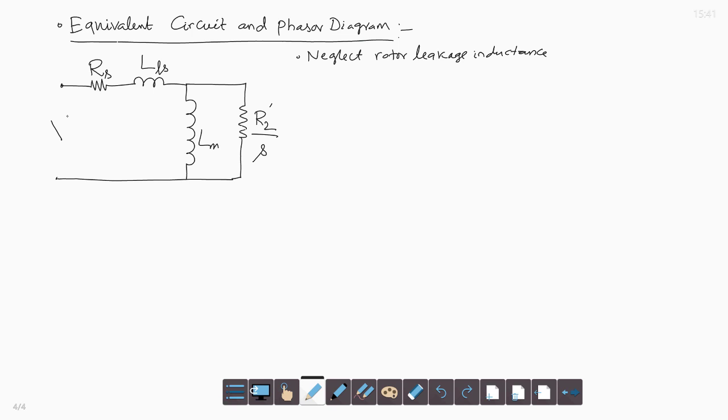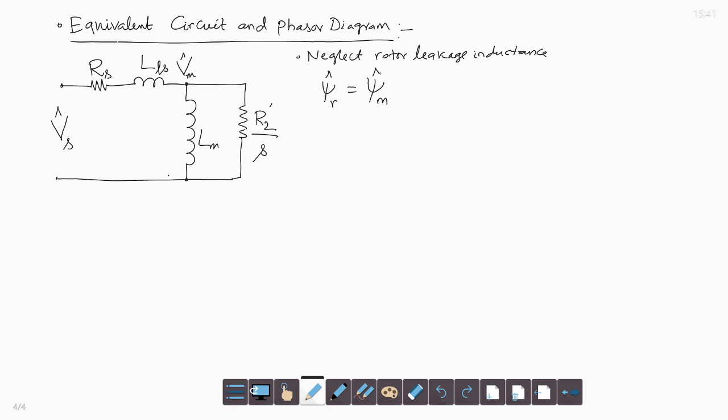Applied voltage is Vs phasor, and after the stator resistance drop, we have the phasor Vm across the field inductance. Because rotor leakage inductance is neglected, psi R phasor equals the air gap flux phasor psi m, because there is no rotor leakage.